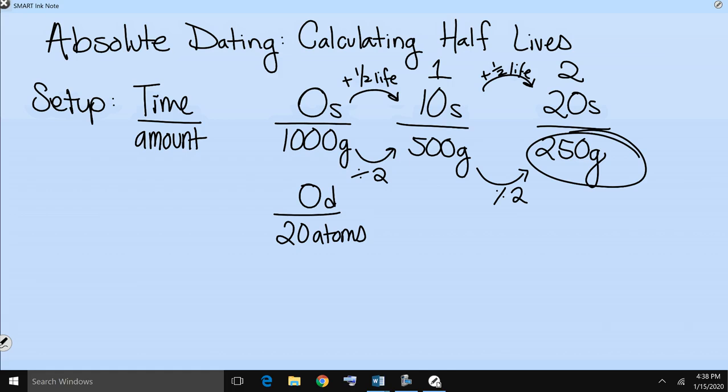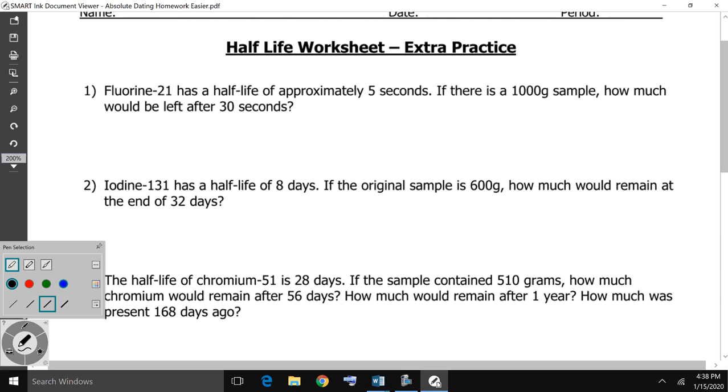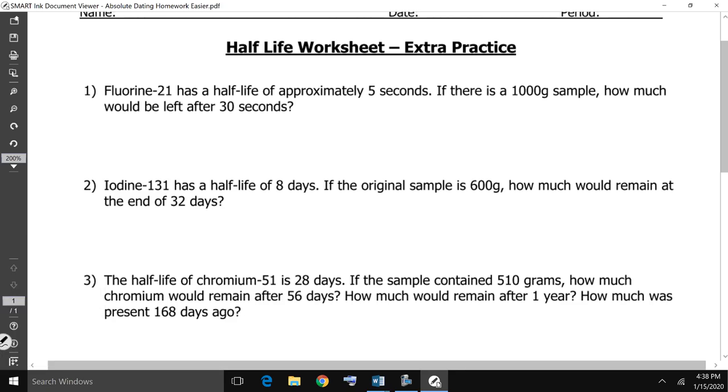Okay, so let's do some real examples here. This is one that we've done in class. Fluorine-21 has a half-life of approximately 5 seconds. If there is a 1,000-gram sample, how much would be left after 30 seconds? So again, we're always going to start it the same way.